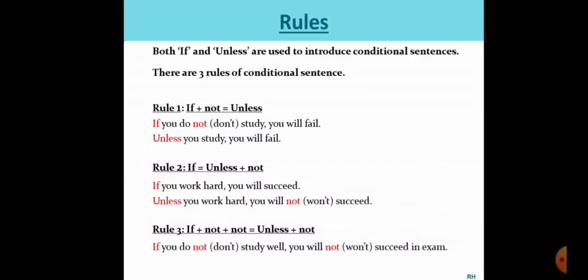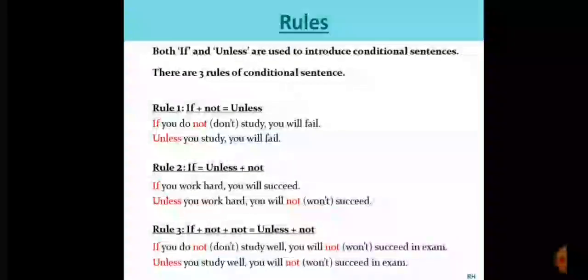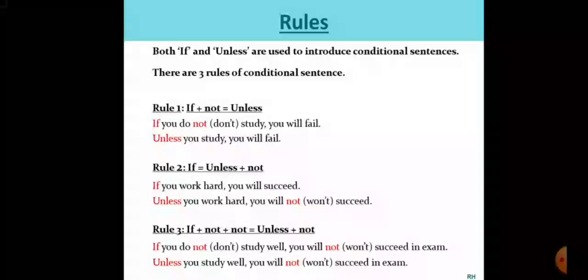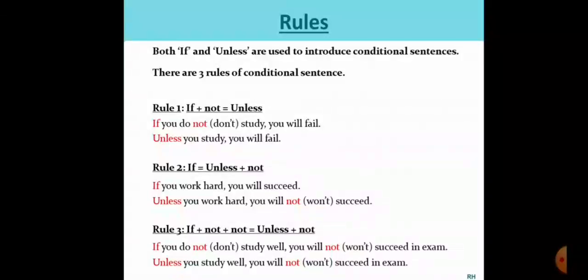There are three: "if" and two "not"s used, right? In the first sentence with the verb "do" we have used "not", and in the next sentence also with the verb we are using "not". The word "not" will come immediately after the auxiliary verb, that you need to remember. So the sentence will change this way: unless you study well, you will not succeed in exam. "Will not" will change into "won't".